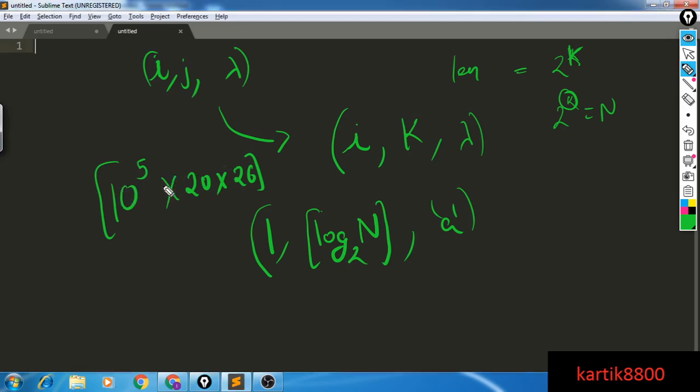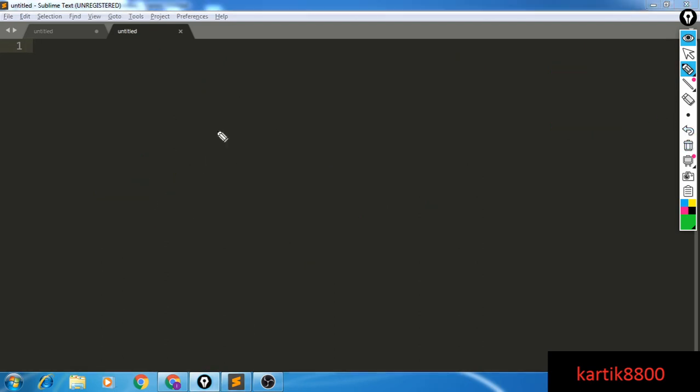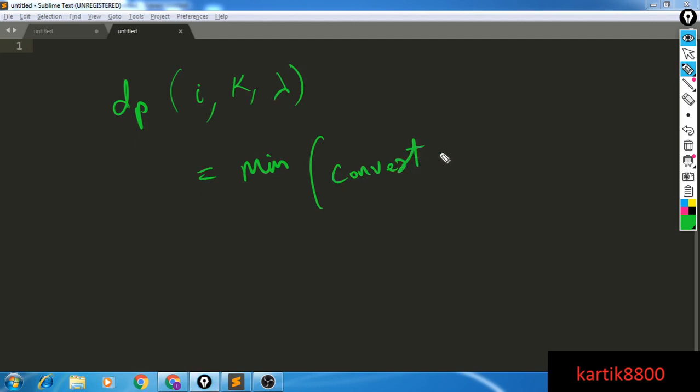Okay, so here is a very easy-to-think-of DP solution. dp[i][k][lambda] equals the minimum of: convert the characters from the first half to lambda. So what is the minimum cost to convert the first half?